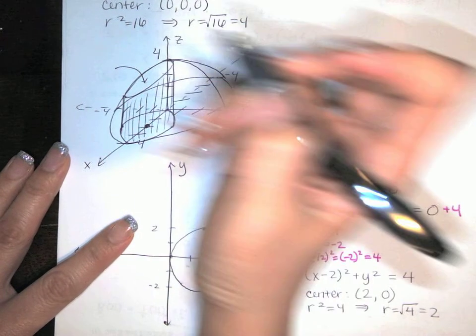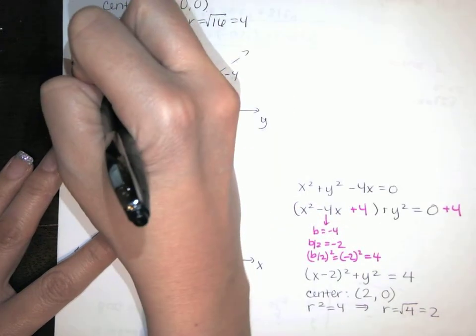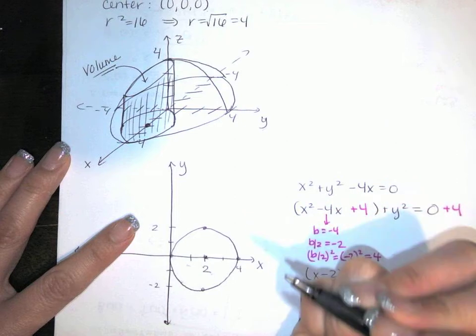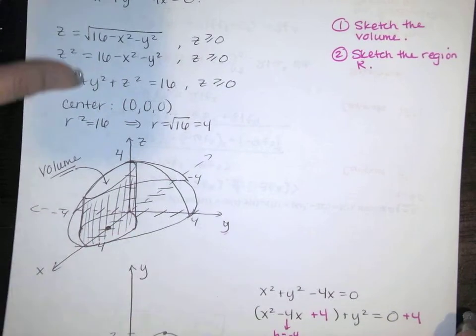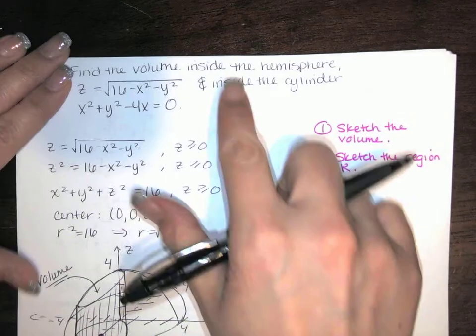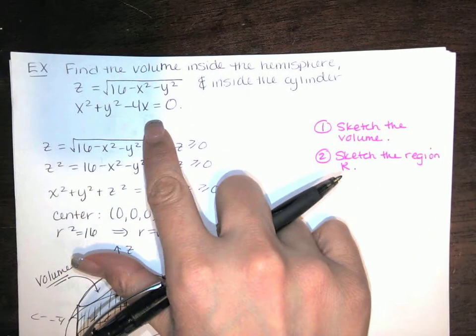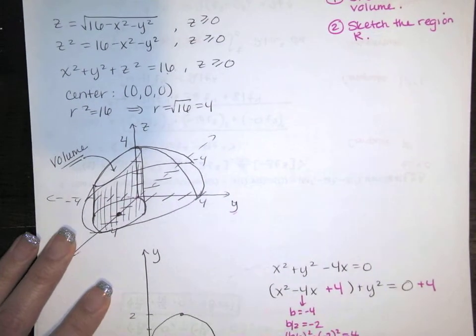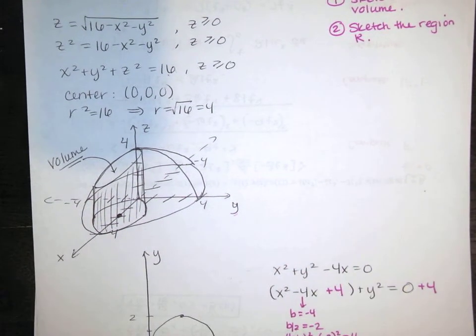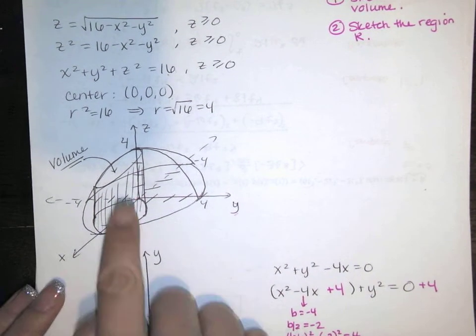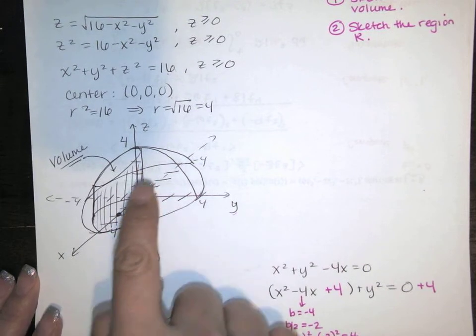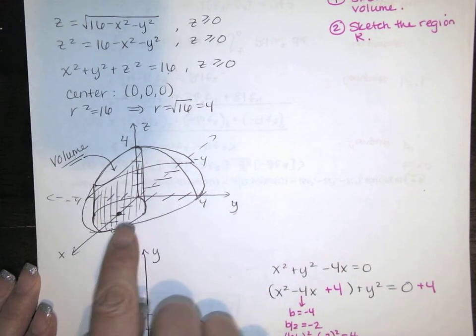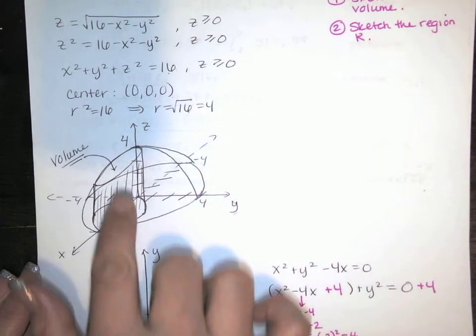That volume is what we're looking for. We want the volume of that. So we wanted the volume inside the hemisphere and inside that cylinder. And it turns out it's just going to be a regular volume integral because it's the volume under the hemisphere between the xy plane and the hemisphere.